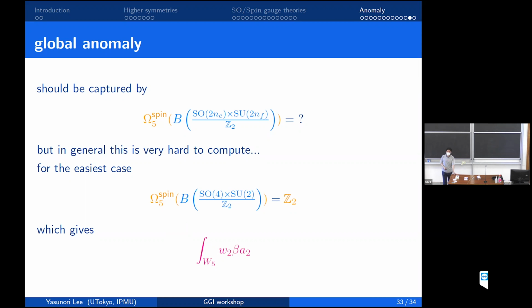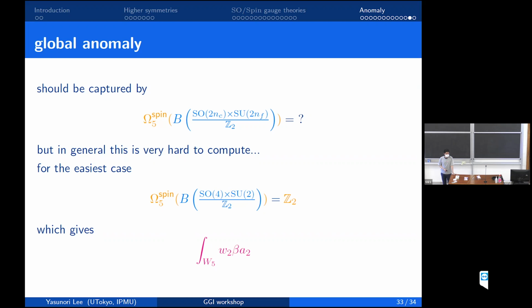Yes. So does this mean, in this latter example, that I'm not allowed to gauge the SU2 symmetry, because this way my true gauge theory will not be well defined, the integration of gauge fields? If I have this mixed anomaly, it just means that I'm not allowed to gauge SU2, right?